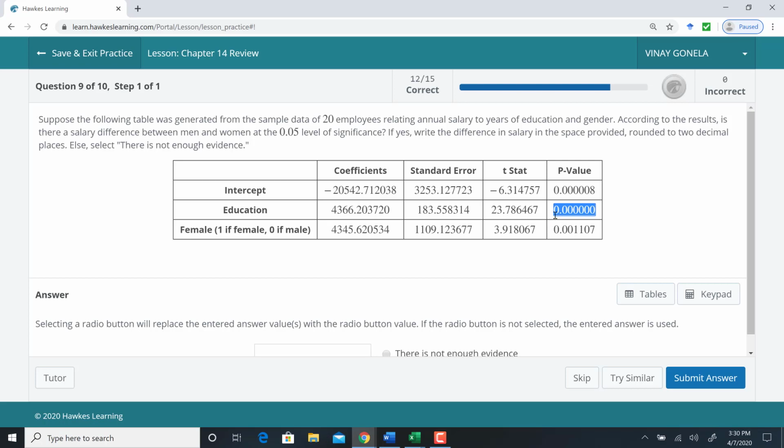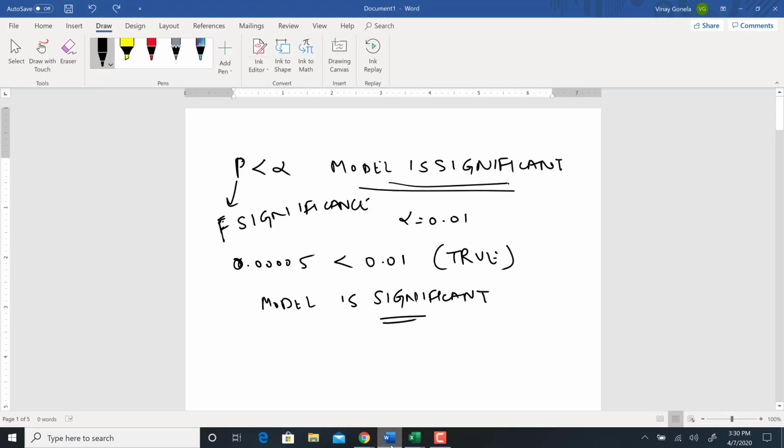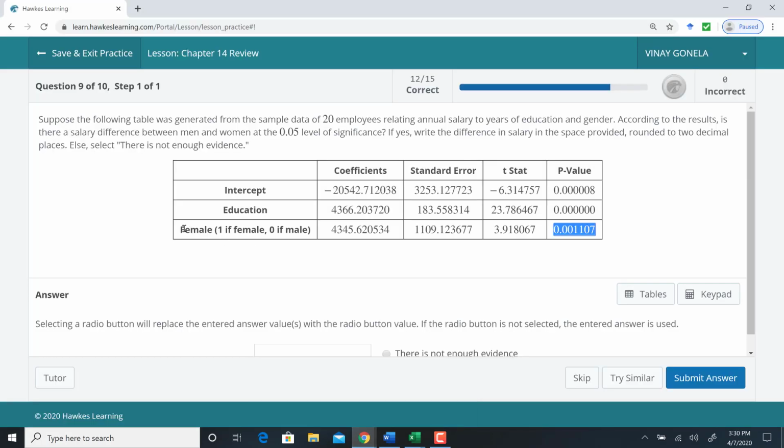If p-value is less than alpha, then you say that it is a significant factor. So in this case they are asking us male or female, is this factor significant? That is the first thing we have to determine.